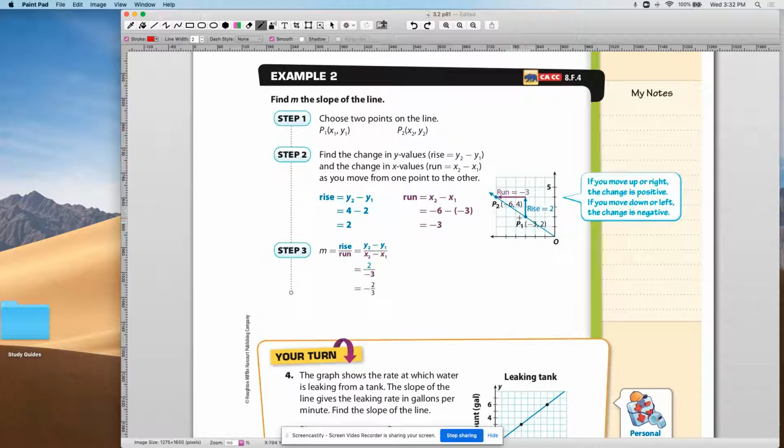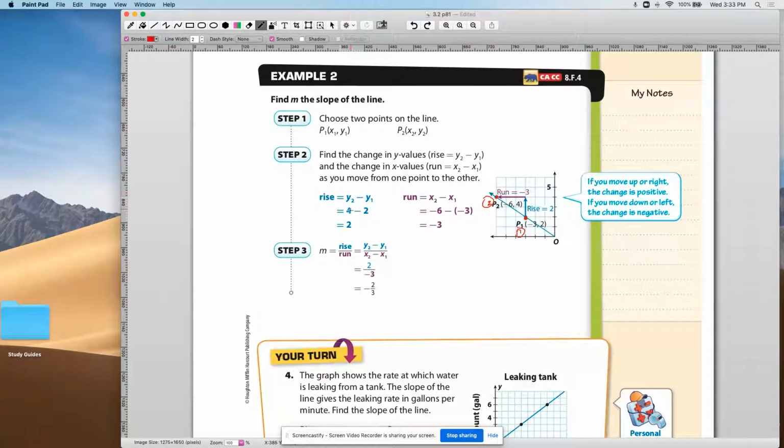And they did that too. So they chose this as point 1, -3, 2, and they chose this one as point 2. So they've got P2 and P1. I usually just do this, 1, 2. That's what I do when I'm looking at graphs. Okay, so then I know I don't lose track. Some people lose track and they start mixing up the numbers.